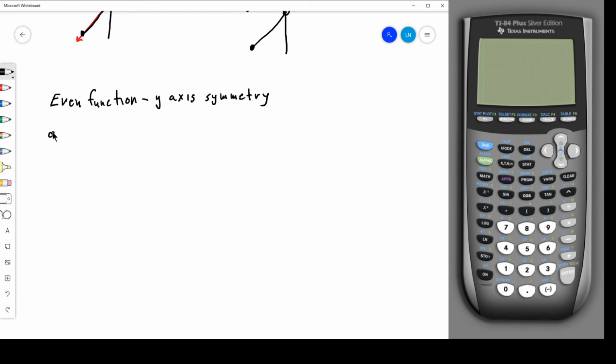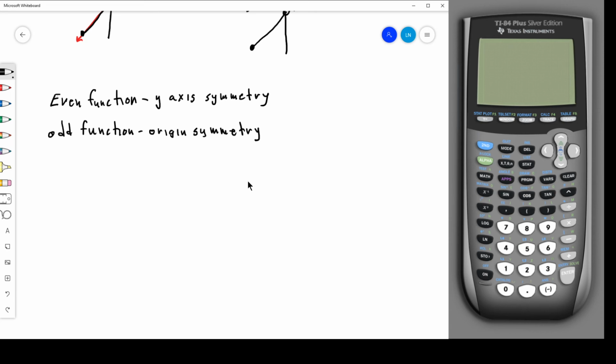An odd function has origin symmetry, sorry, my brain wandered there for a second. So those are the only two types of symmetry we have when we're dealing with functions.